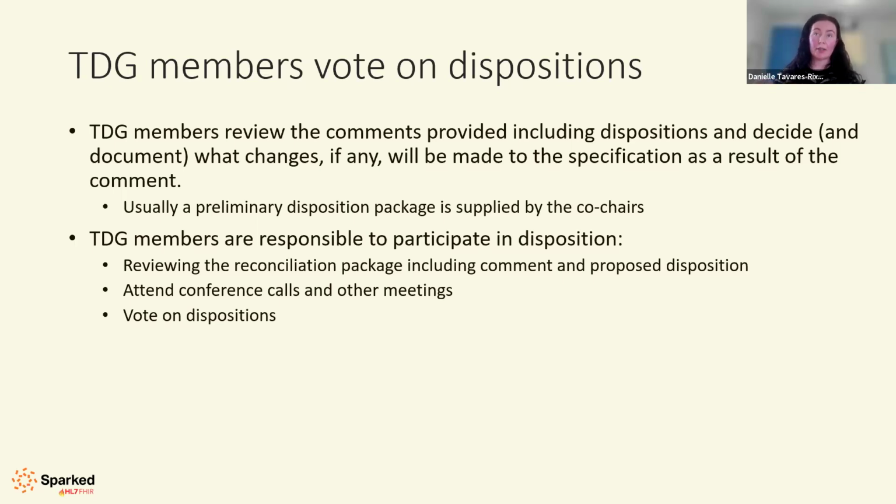And review is not just read, it can also be coming back and saying, no, I think you've missed something here, or this is incorrect, or we need to have a meeting on this. The other responsibility is to attend conference calls and other meetings, and then to vote on the dispositions. So that's the responsibilities of technical design group members through this reconciliation period.